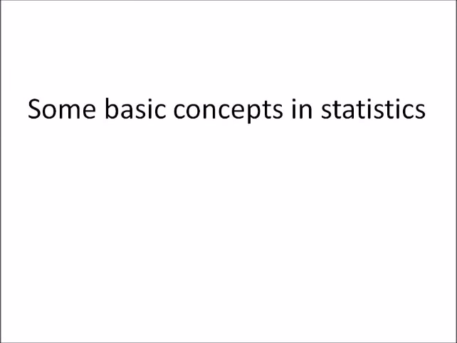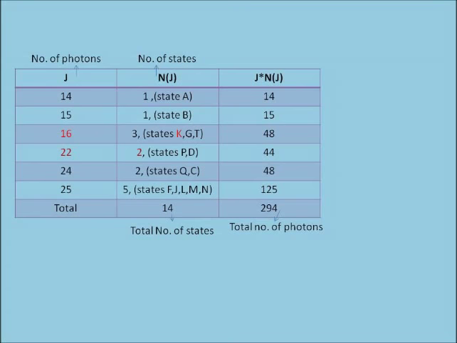In this video, we are going to see some basic concepts in statistics through some examples. Here is a distribution in which number of photons are distributed over different states. Number of photons are denoted by J and number of states are denoted by N of J, or Nj.